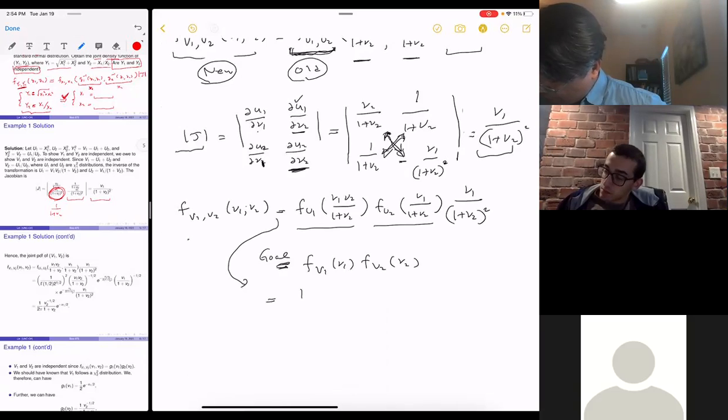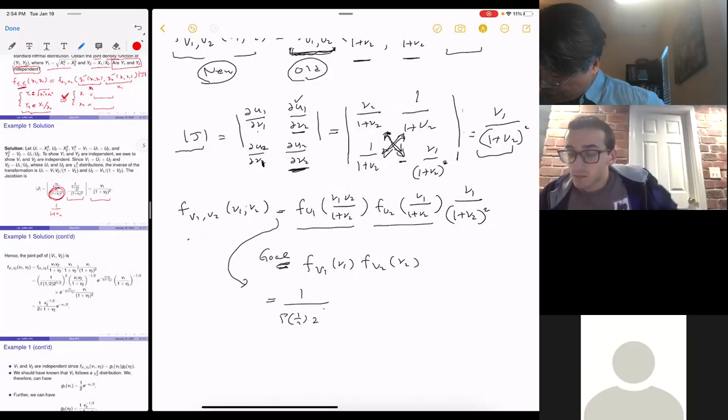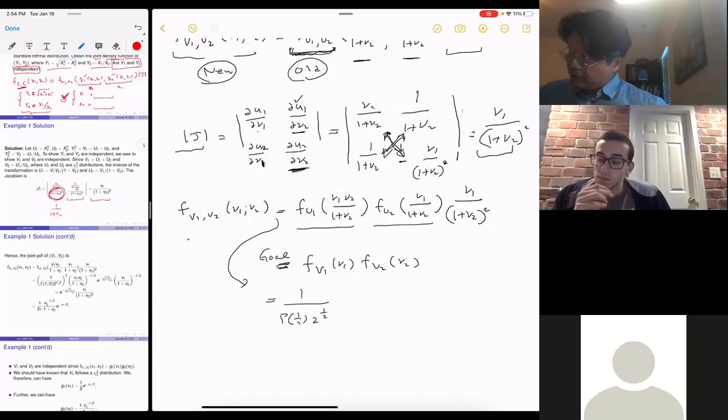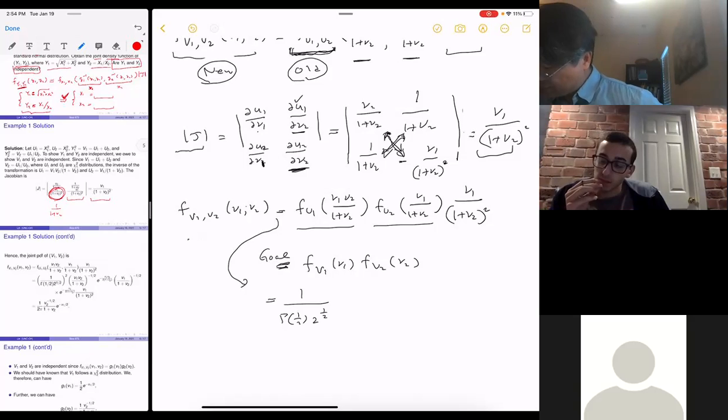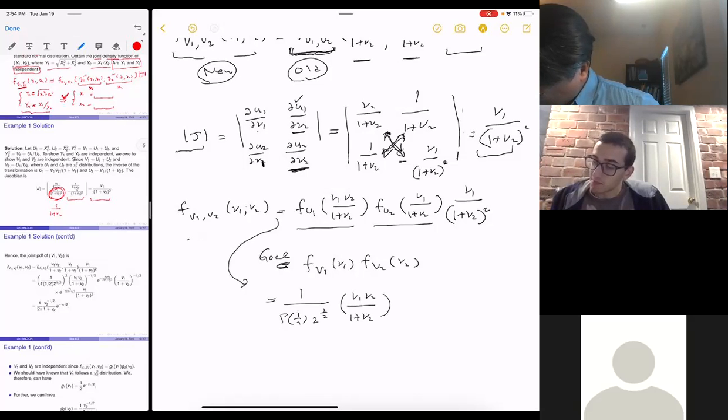So if I plug in, I do know U1, U2 are chi-square. So this is chi-square. So this guy is what? X to the alpha minus 1. So that means I plug in X, V1, V2, 1 plus V2.